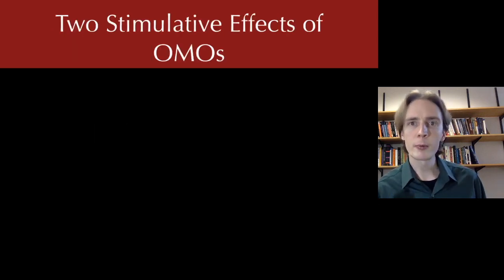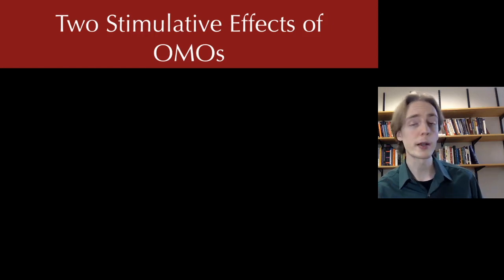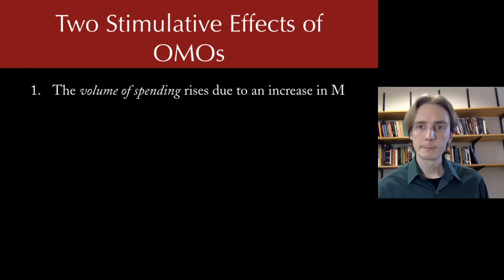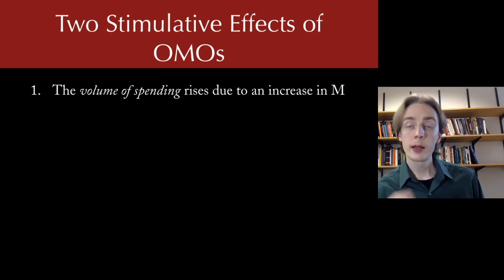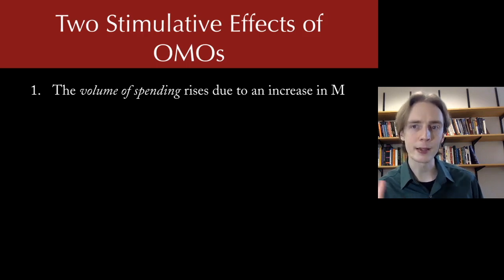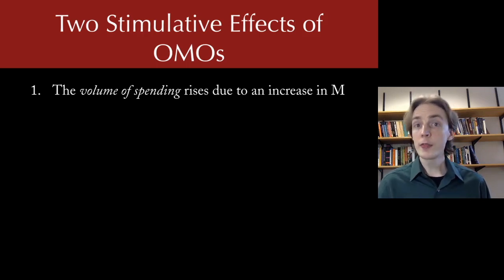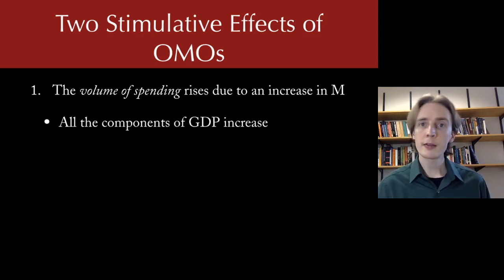Right, so open market operations we can think of as having two stimulative effects. And again, stimulative effects are only going to be there in the short run. Right? These are going to die down once prices adjust. But in the short run, an expansionary open market operation is going to have an effect, first of all, on the volume of spending. Right? That's going to be the direct effect. So when the money supply rises, the volume of spending rises, and that's going to increase all the components of GDP.